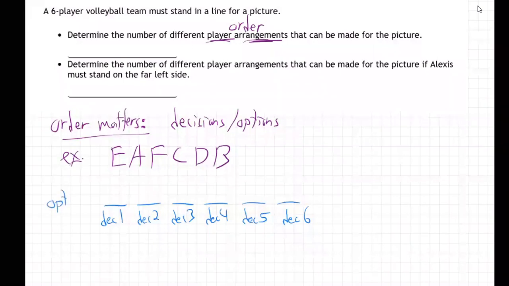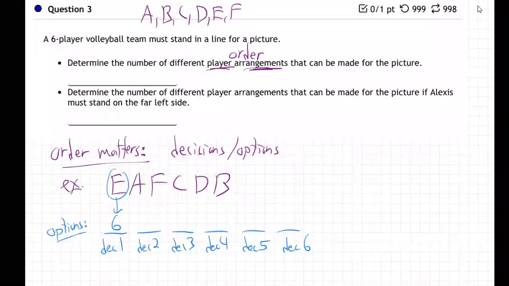And then how many options did I have for each of those decisions? For the first, I chose to put E first. I had 6 options, right? Because there were 6 people. I could have chosen any of the 6 to put in the first spot for the picture, times. Next, I put A. I had 5 options, 5 people left to choose from to put next, etc. Just goes down by 1 every time, doesn't it?